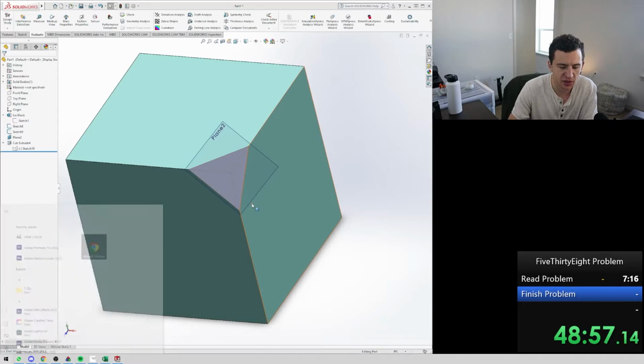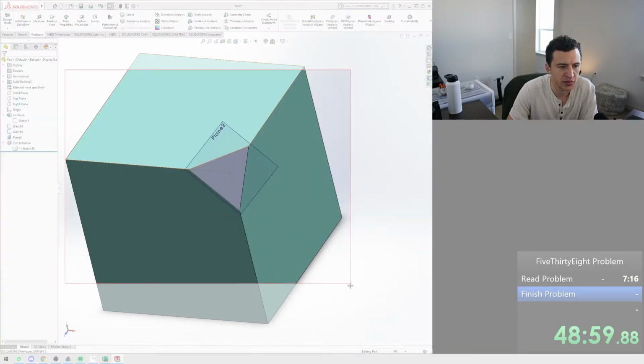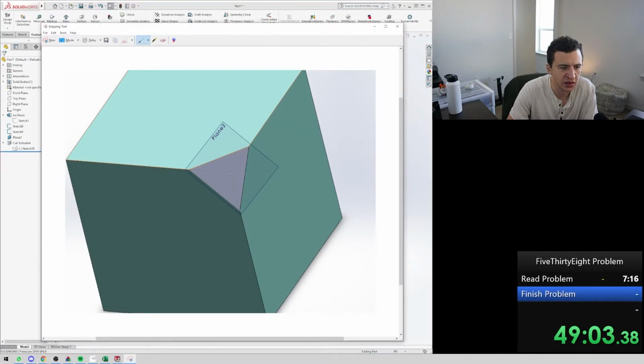I'll take a little snip of this and I'll show you. But this problem just got easier. This is a variable, how long this side length is. This is a variable, how long this side length is. And then, come on, you guys know what the next one is. This is a variable. So there's only 3 variables for the corner cut.